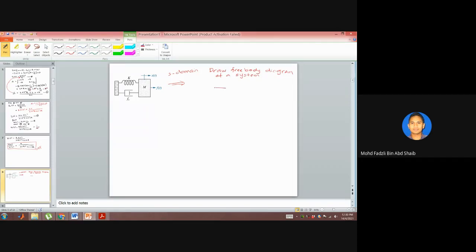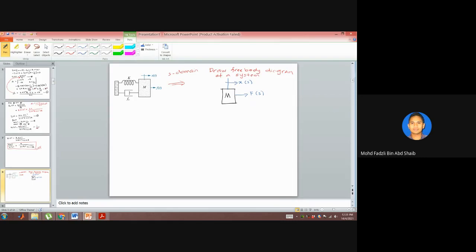We have M. In the S domain, FT becomes FS, right? This is the direction of the force. XT becomes XS.